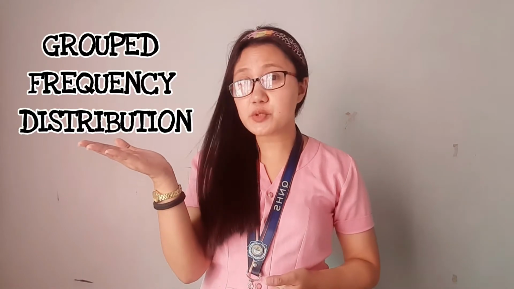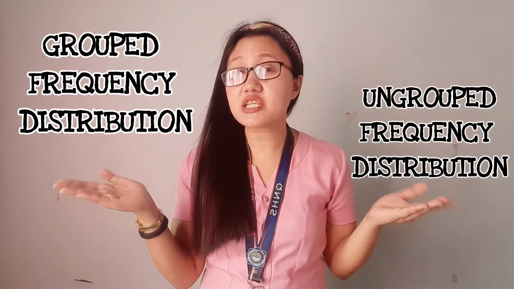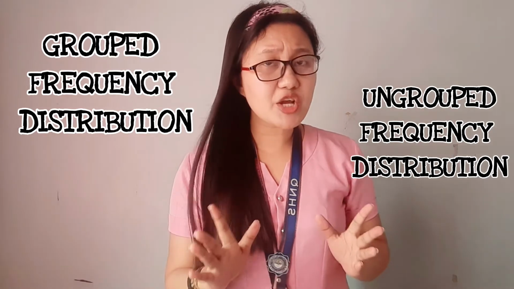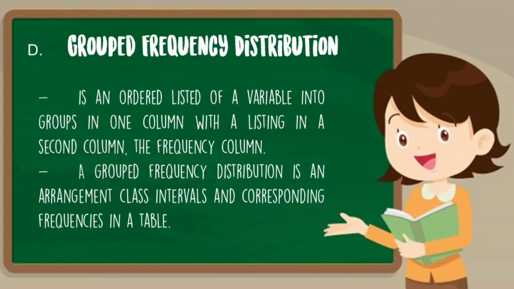And we have the last two, the group frequency distribution and the ungroup frequency distribution. So what's the difference between these two? When we say group frequency distribution, it is an ordered listing of variables into groups in one column with a listing in a second column, the frequency column. A group frequency distribution is the arrangement of class intervals and corresponding frequencies in a table.